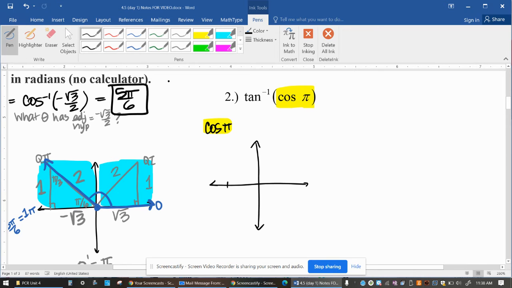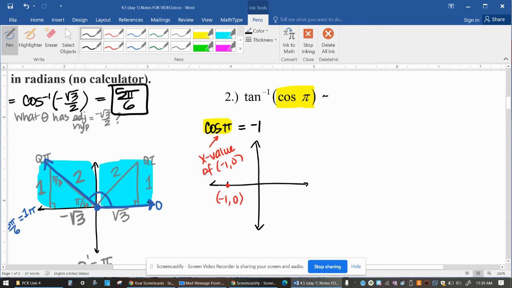Pi is a quadrantal angle, which has coordinates of -1, 0. So I can't do adjacent over hypotenuse the way I normally do. Instead, I'm going to use the idea that cosine is the x value of my coordinate since it's a quadrantal angle, right? So cosine of pi is -1.